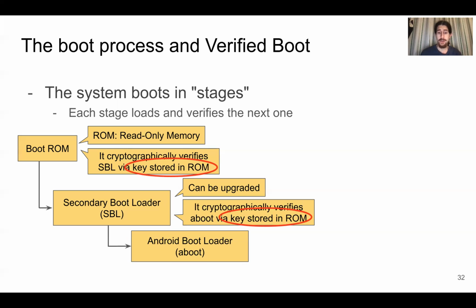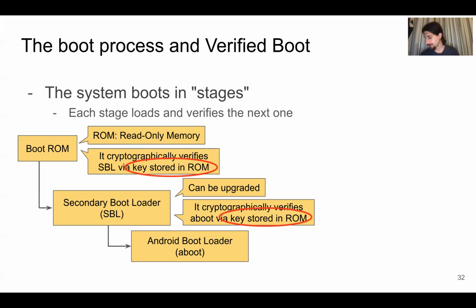Okay, and so now you see that we are at the point where A-boot is also considered trusted, and it's not the boot ROM directly checking whether A-boot is trusted or not. There is a chain, and it is two stages. Indirectly you can consider A-boot trusted because the SBL checked it, and the SBL was checked by the boot ROM.